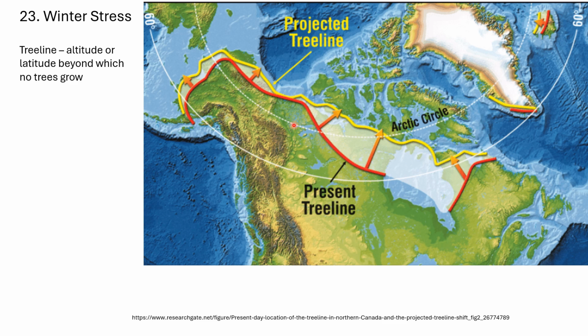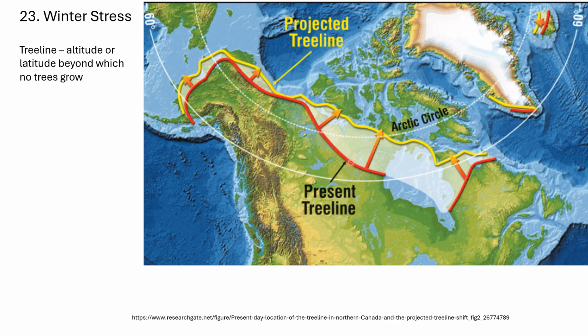You can orient yourself based on things like Lake Winnipeg and Lake Manitoba, and Providence is about right where my cursor or the pointer is right now. So this figure, the document I took this figure from, was looking at the present day tree line, which is roughly here in the red.